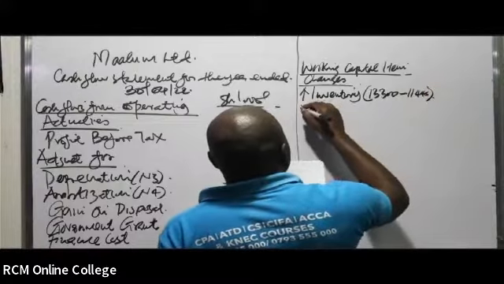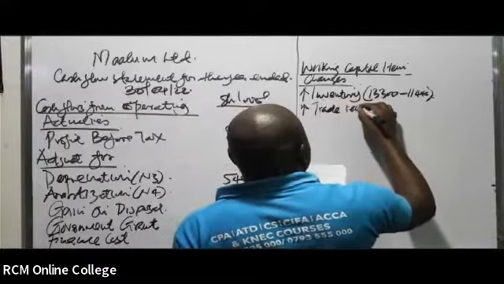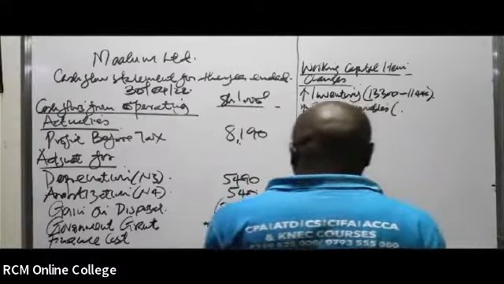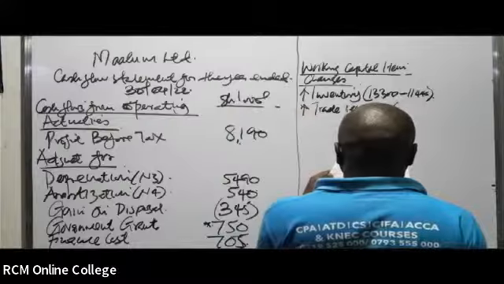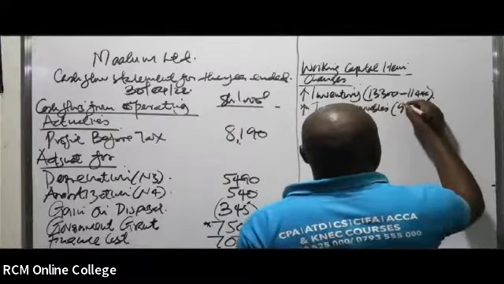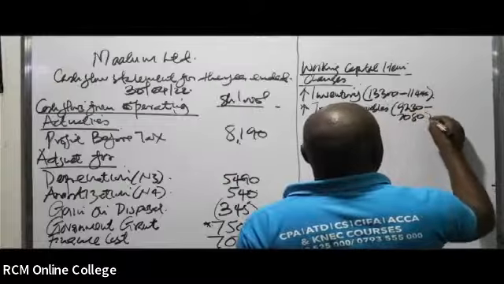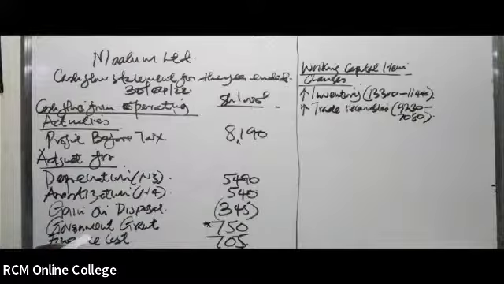Also, we have an increase in the trade receivables, from 7080 to 9230. So 9230 minus 7080. Then for the trade payables, there was also an increase.